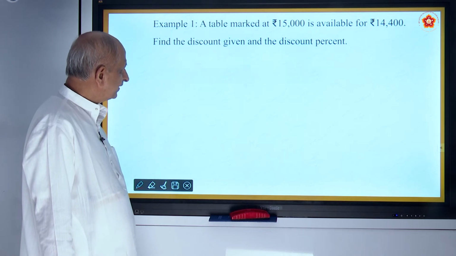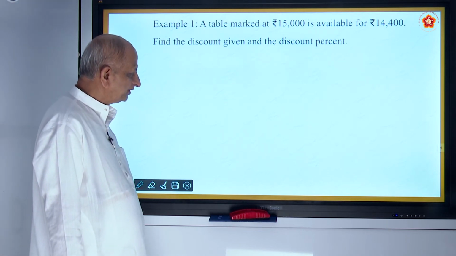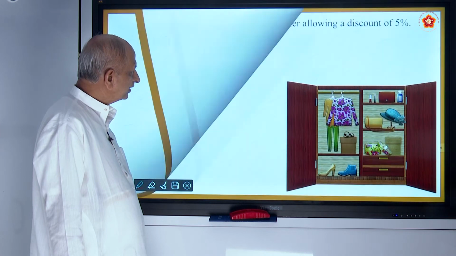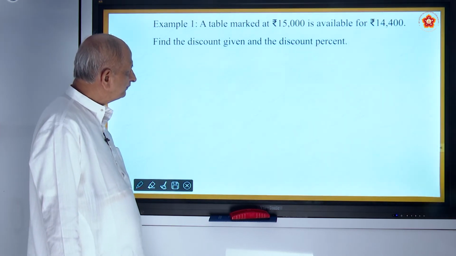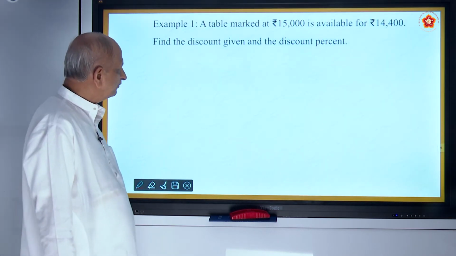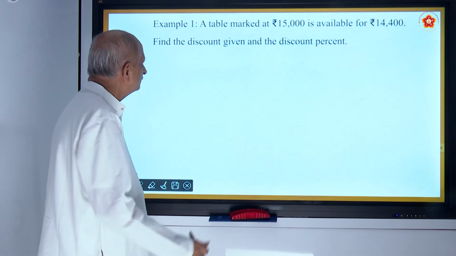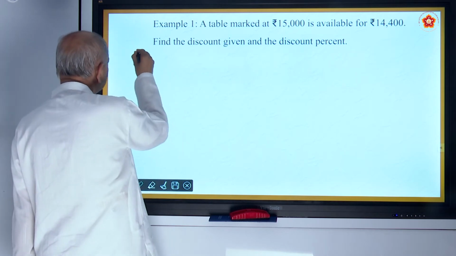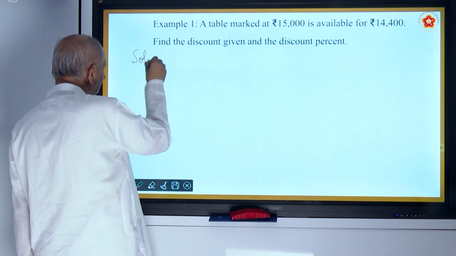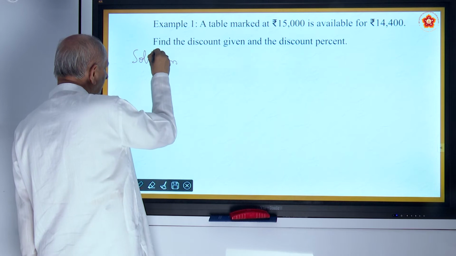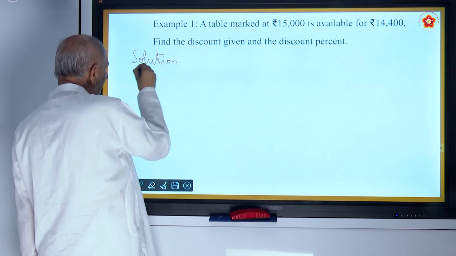Okay. A table marked rupees 15,000 is available for rupees 14,400. Find the discount given and the discount percentage. So you can say, what are the steps? You can also do it. Very simple.